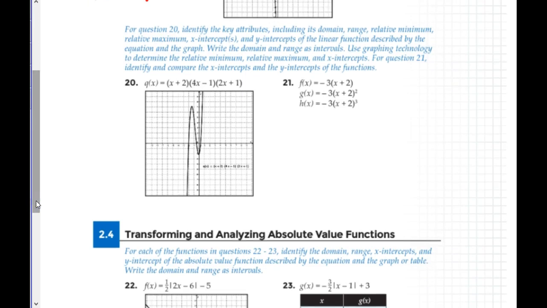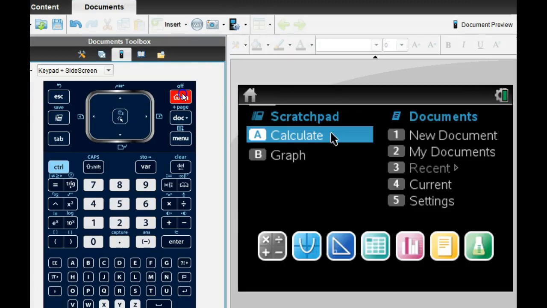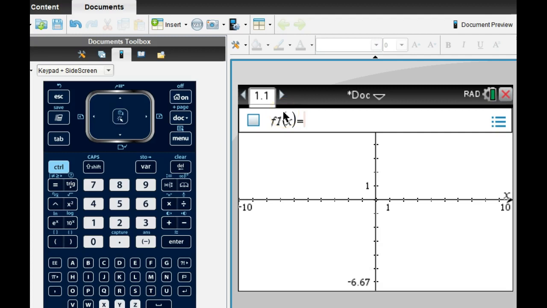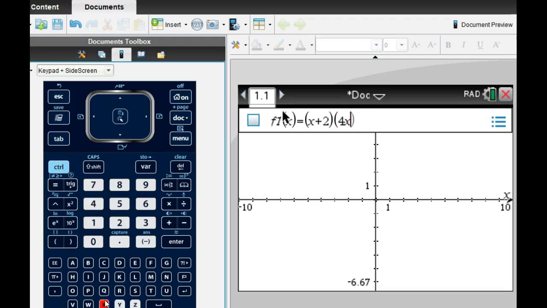Okay, so find the key attributes, including domain, range, relative minimum, relative maximum, x-intercept, y-intercept. So that's a lot. Wow. Yeah, so (x + 2)(4x - 1)(2x + 1).